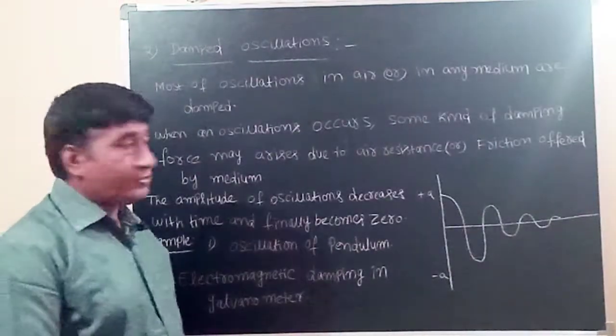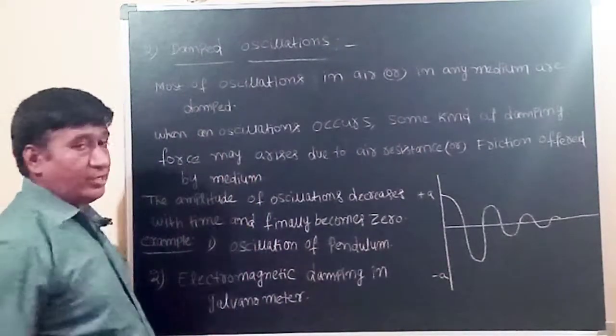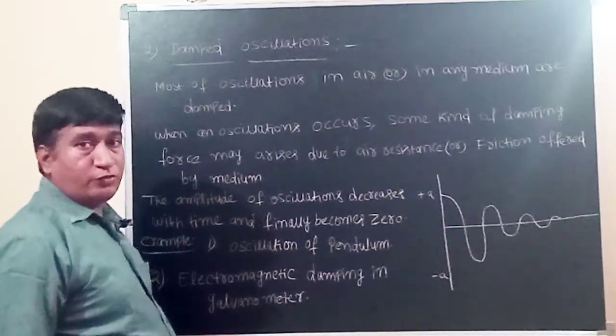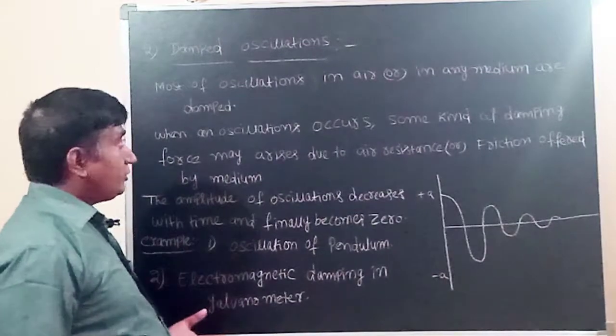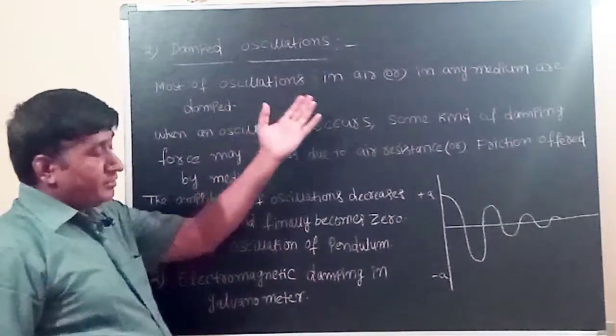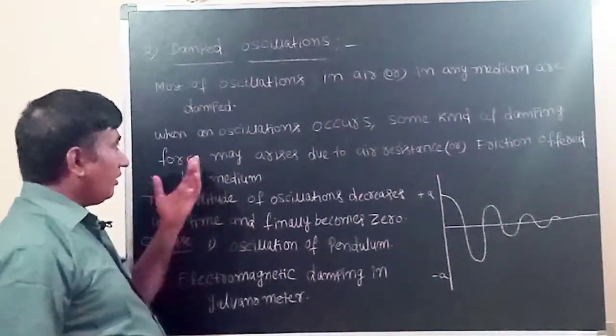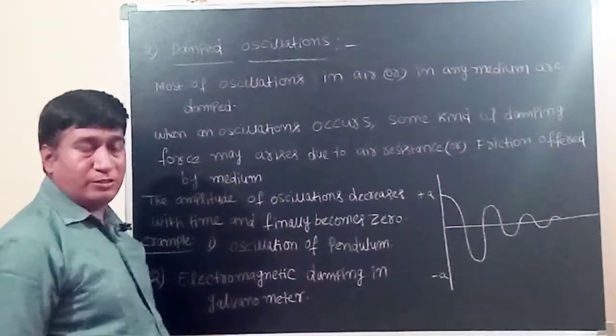The second type of oscillations is damped oscillations. Most of the oscillations in air or in any medium are damped oscillations.